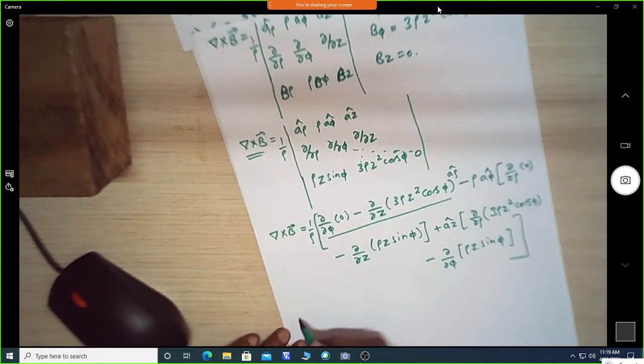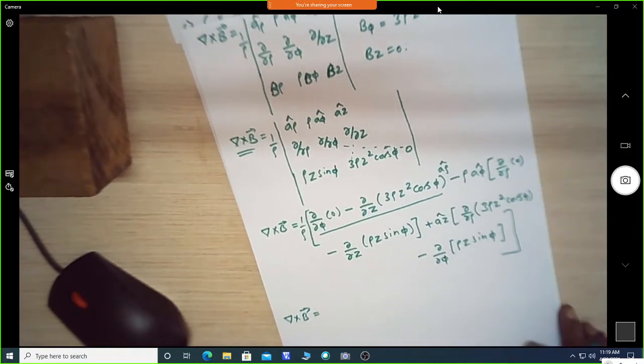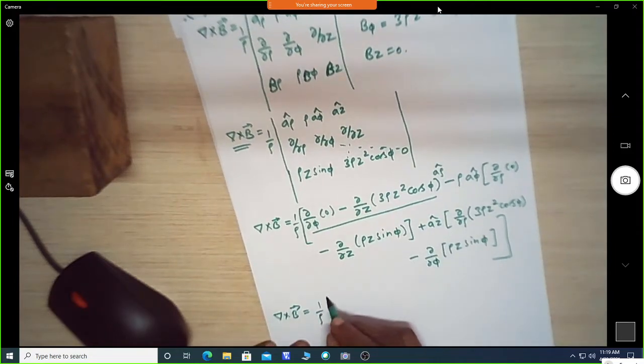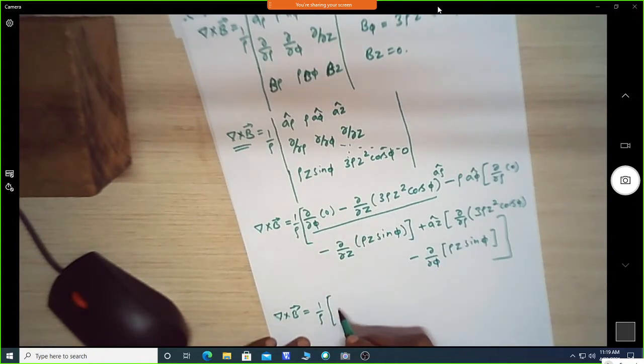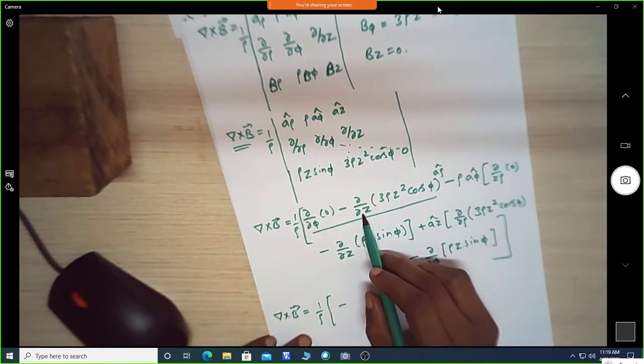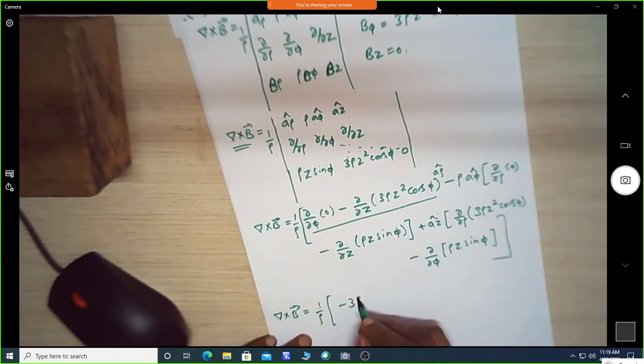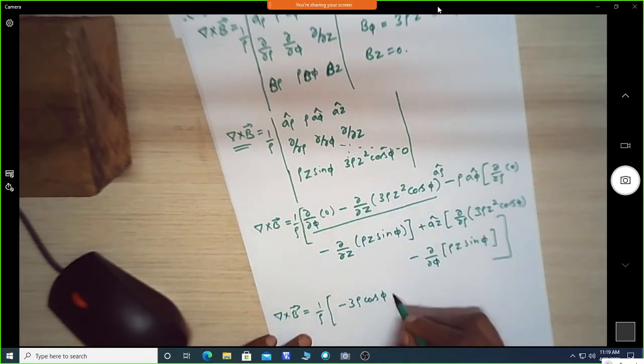Now evaluate this one. So what will you get? Del cross B is given by 1 by rho into, so this will be 0 and this one minus. If you differentiate with respect to z, 3 rho cos phi is constant, and z square gives 2z.